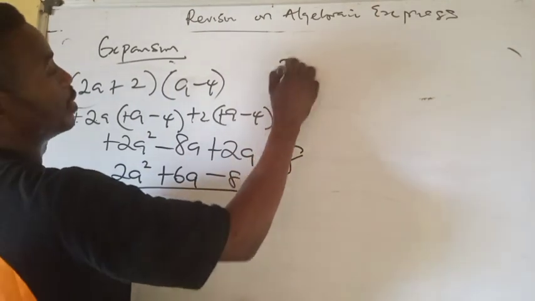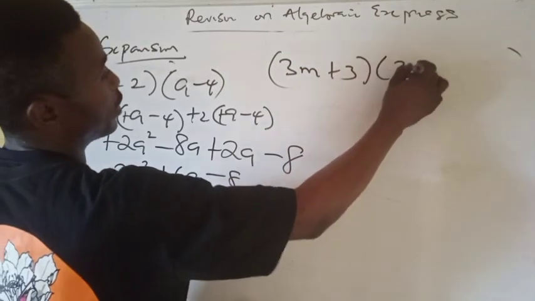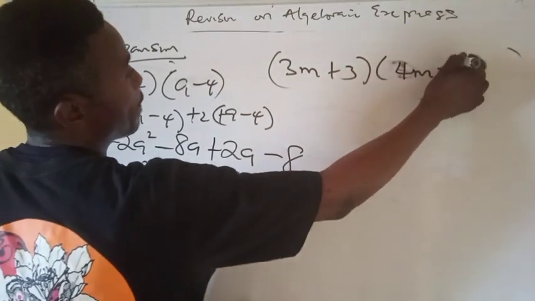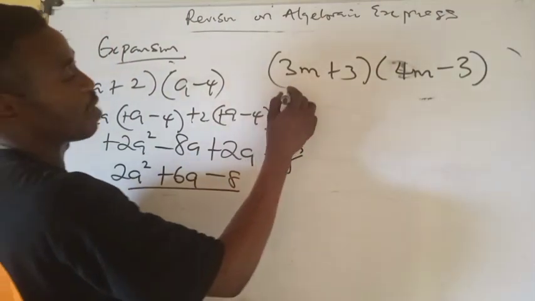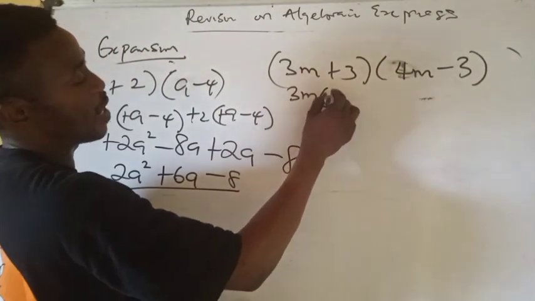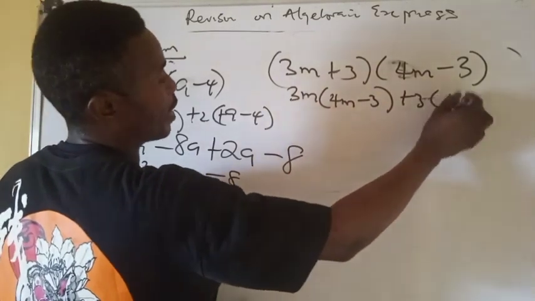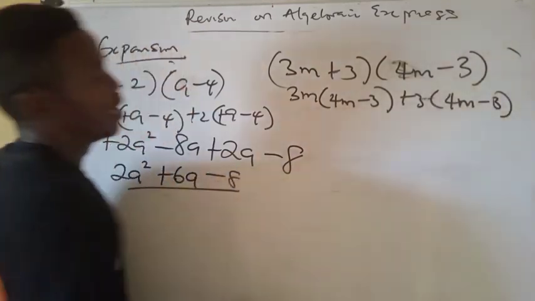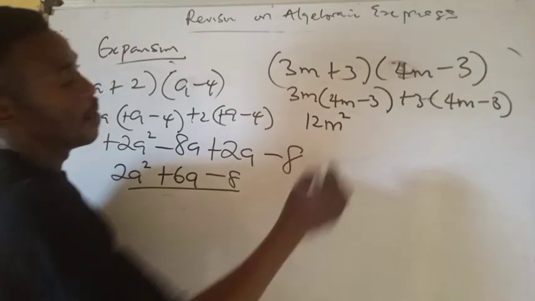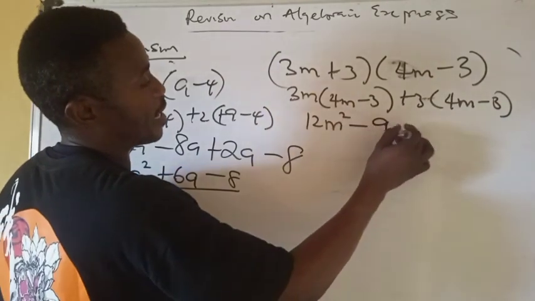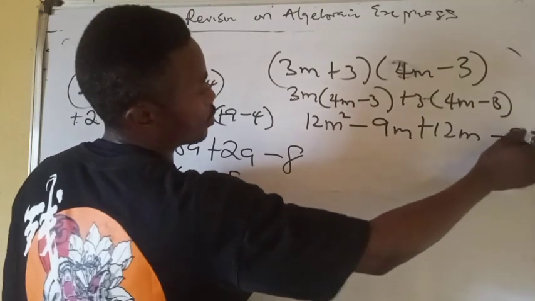Clear? Yes, sir. Now, let's see another one again. What if you have 3m plus 3 into bracket 4m minus 3? First, this one becomes 3m into bracket 4m minus 3 plus 3 into bracket 4m minus 3. Let's close together. This one becomes 3 times 4, 12m squared minus 9m plus 12m minus 9.